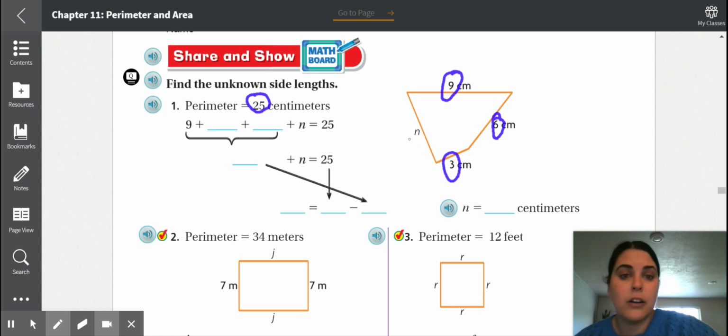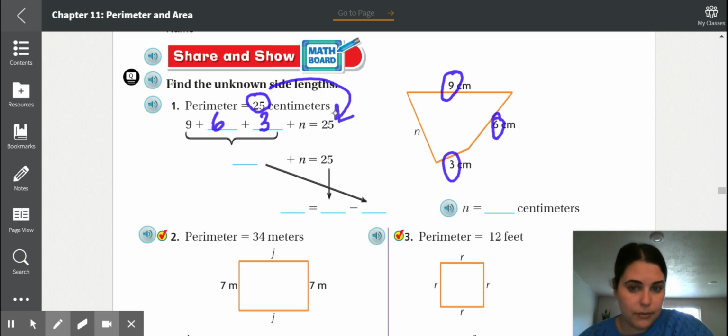We need to add up all of the sides that we do have. 9 plus 6 plus 3 plus n will have to equal 25. So add up the sides that we do have. What is 9 plus 6 plus 3?